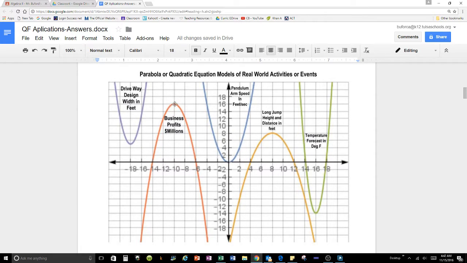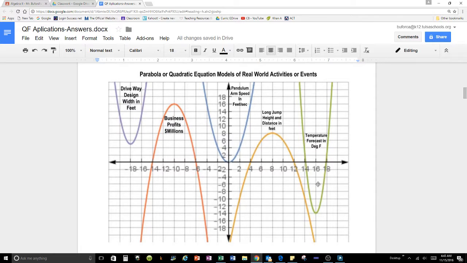H here is minus 10, k here is 16. H here is 0, k here is 0. H here is 8, k here is 8. H here is 16, k here is minus 14. Can't get simpler than that, folks.